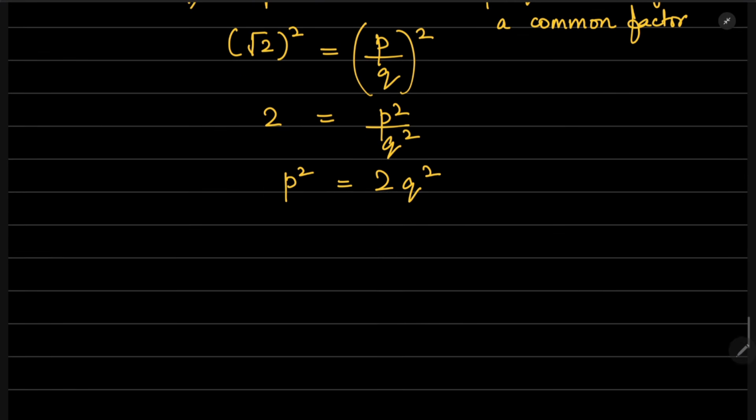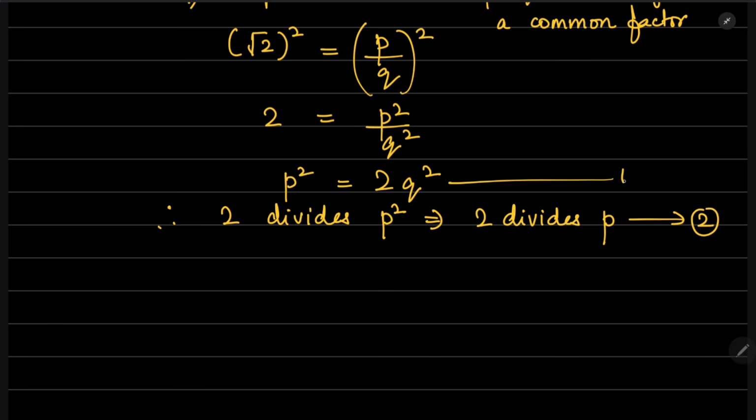What does it mean? 2 multiplied by some value is equal to P square. So 2 divides P square, which implies 2 divides P. Let this be equation 1. So if 2 divides P, it means that P is equal to 2c.